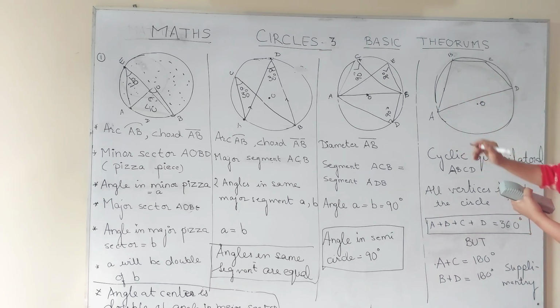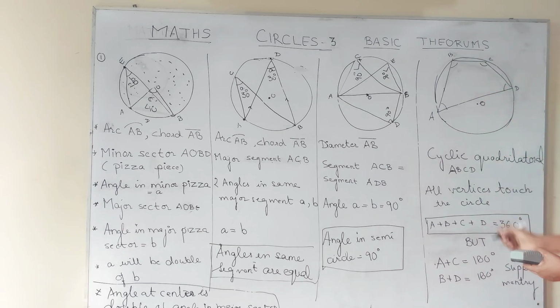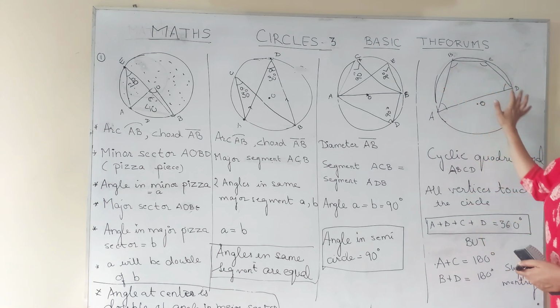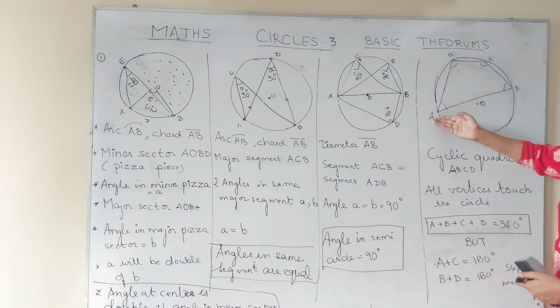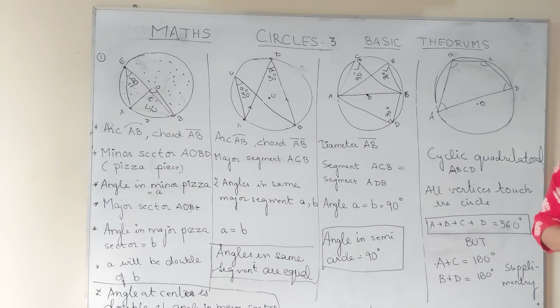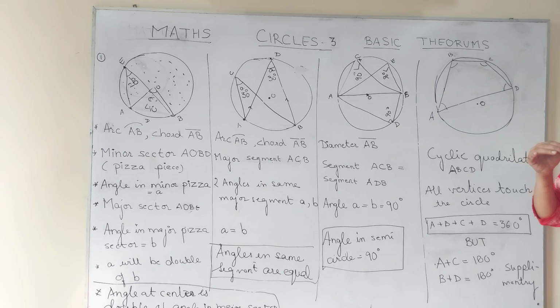Now that it is a quadrilateral, you will know the sum of these angles. The sum of the angles of a quadrilateral is 360. That is very obvious, that we have known for quite some 2-3 years now. So what is so special about a cyclic quadrilateral? The special thing is, you'll have some opposite angles. Like, is A opposite to B? No. A and C are opposite. The special thing about a cyclic quadrilateral is that A and C will together always make up 180.